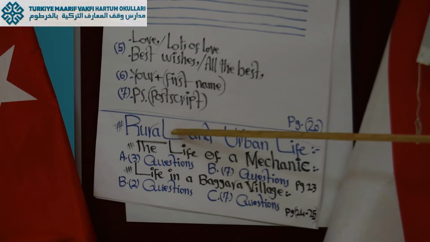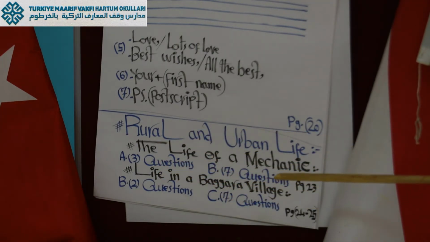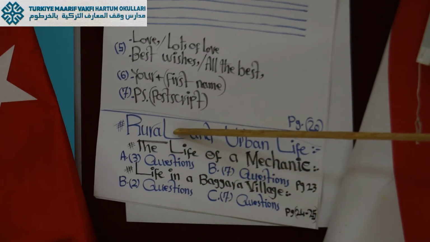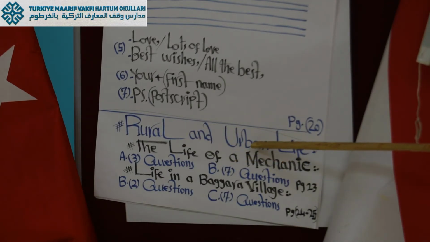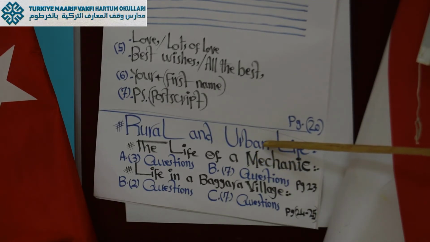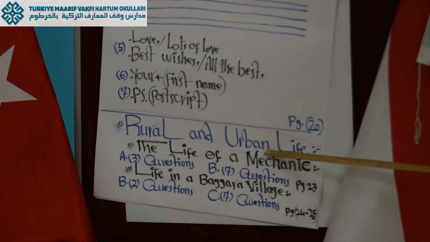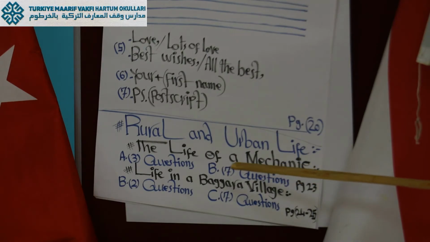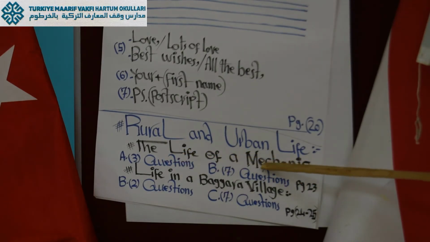When we say rural life, of course, we mean life in the countryside, the villages, outside the city. And when we say urban life, of course, we mean the life of the city and towns, which is totally opposite to countryside life. So, the life of a mechanic.